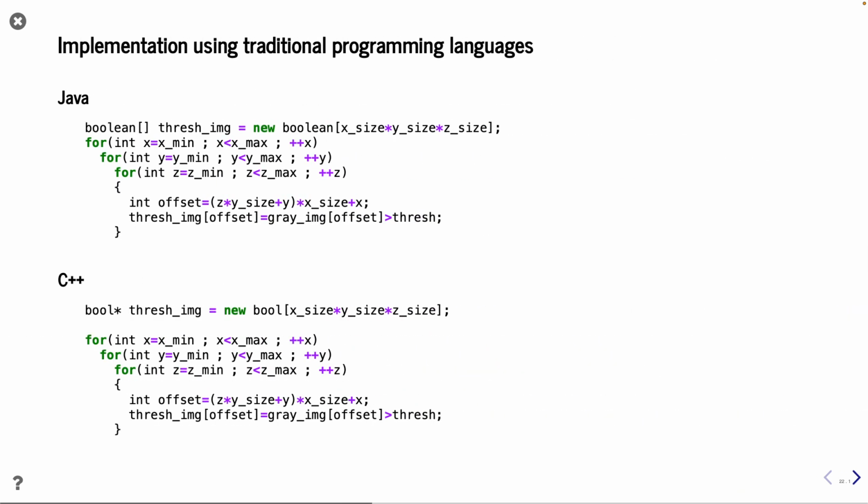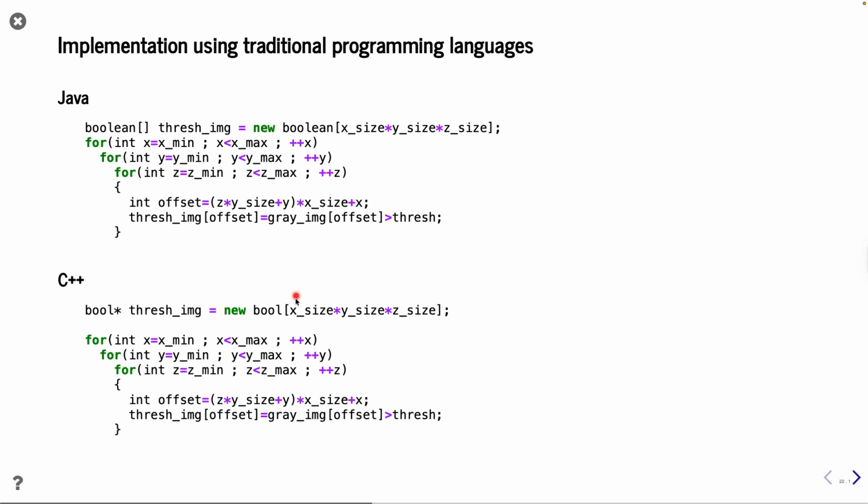If you implement a threshold in a more traditional programming language like Java or C++, then you have to write a lot of loops where you go through the different coordinate axes, and then the position is computed, and you have to index a big array and set each individual pixel to a value.